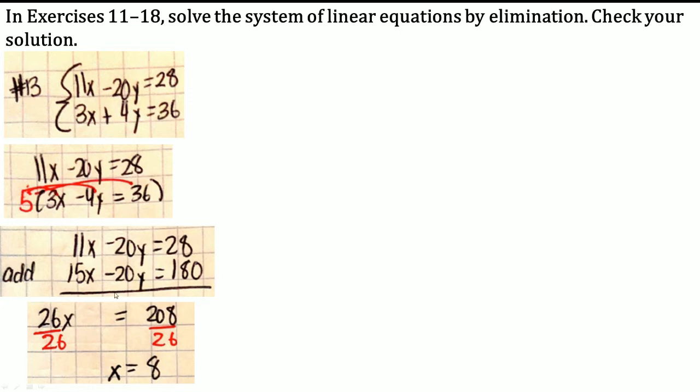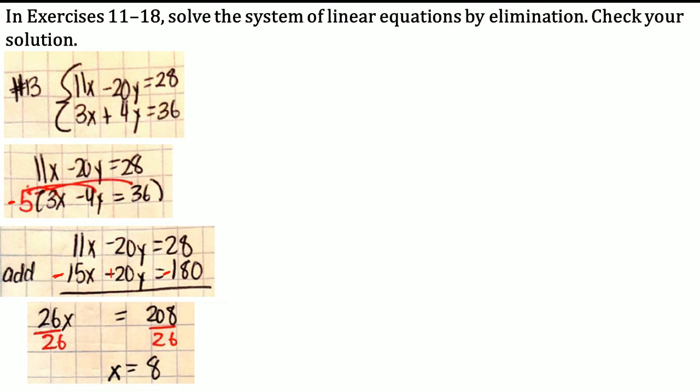Wait, something's wrong. I just saw my mistake here. Hold on. If I distribute this in, this has to be a negative 5 that I'm distributing in, because it becomes negative 15, a positive 24, a negative 108. Oh my god, this changes the problem completely. Hold on.